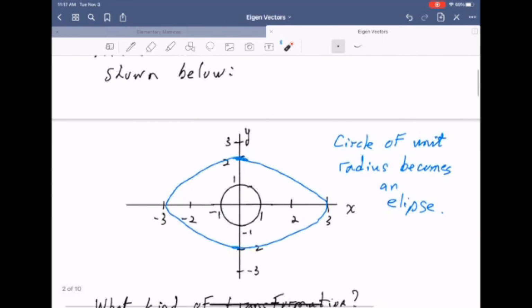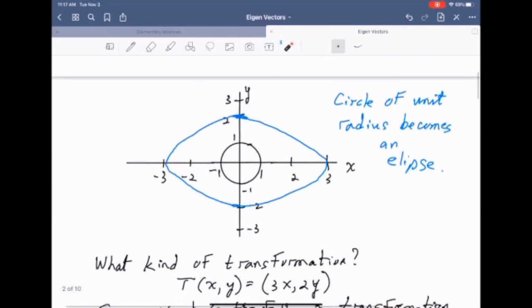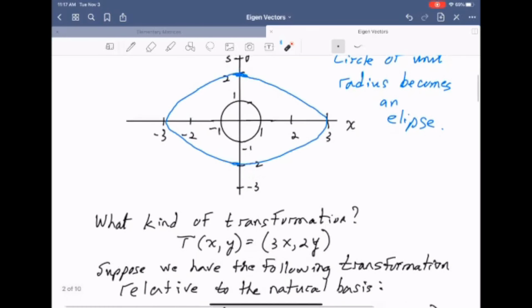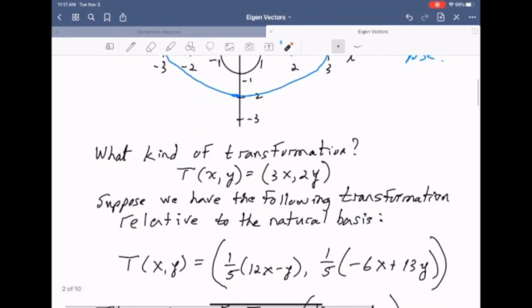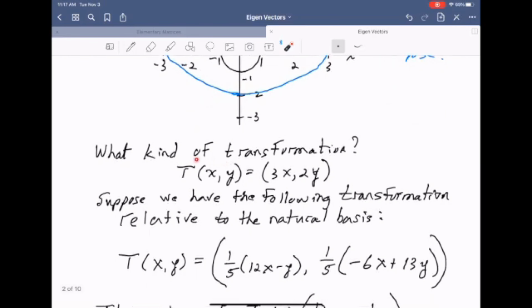So we've gone from a circle of unit radius to an ellipse, which is poorly drawn, I must admit, and which has the property that it's stretched by a factor of 3 in the x direction and 2 in the y direction. What kind of transformation is this? We denote a transformation by T(x, y), and this becomes the transformation (3x, 2y).